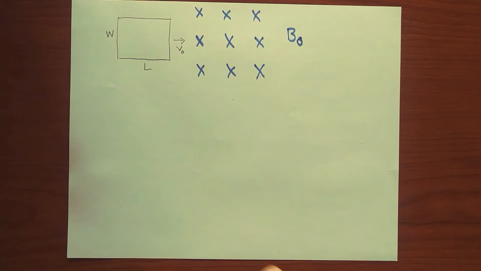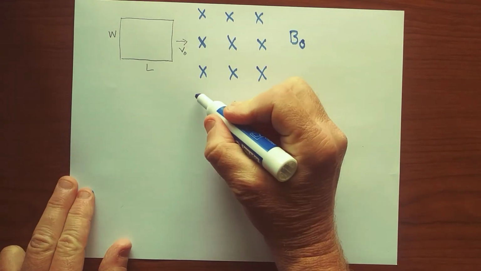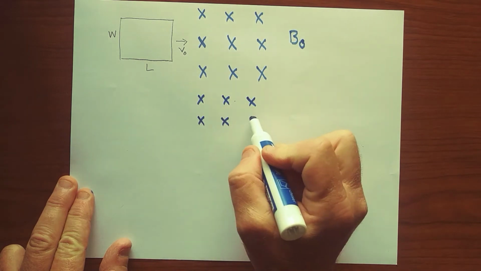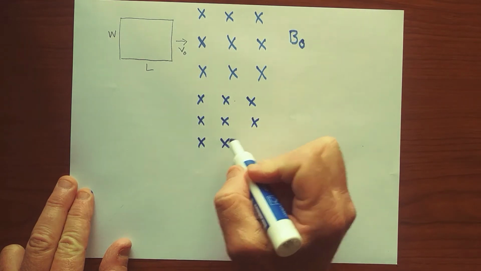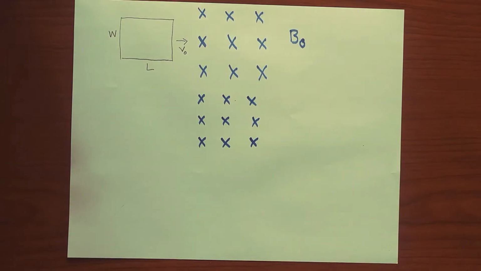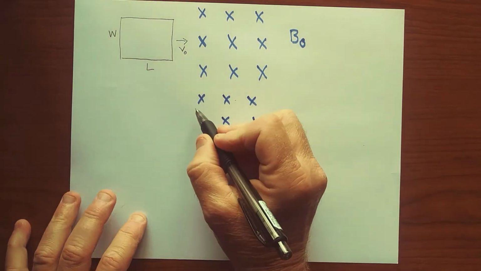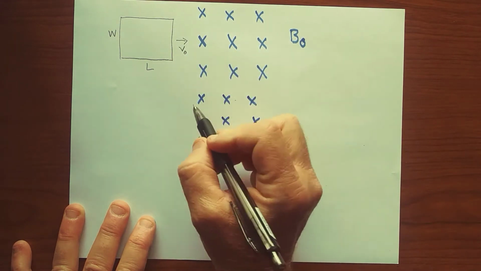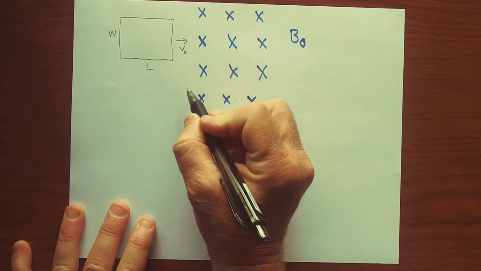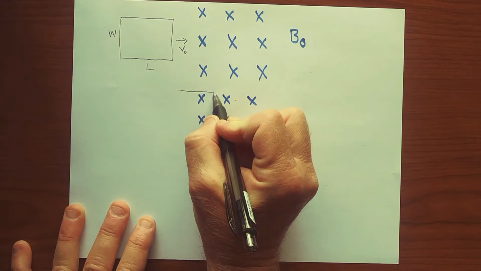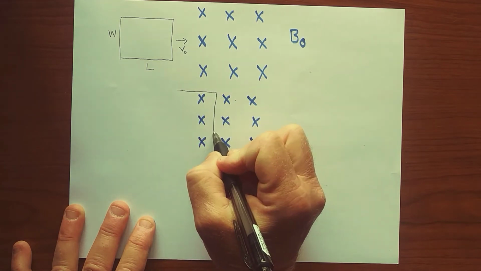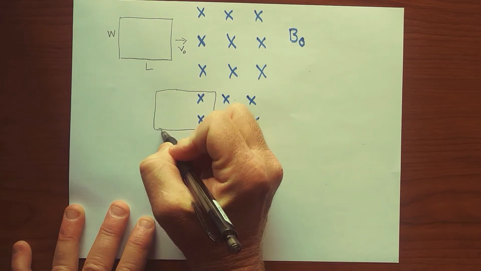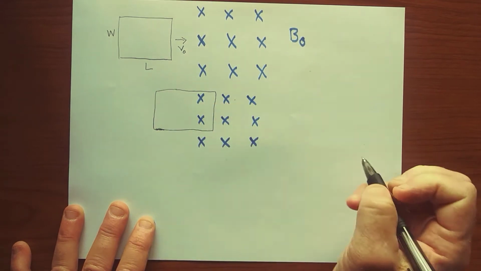So if we make another drawing of this, here's our uniform magnetic field pointing into the page. And once the loop starts to enter the magnetic field, it will look something like this, where part of the loop is in the magnetic field and the other part still hasn't entered the field.